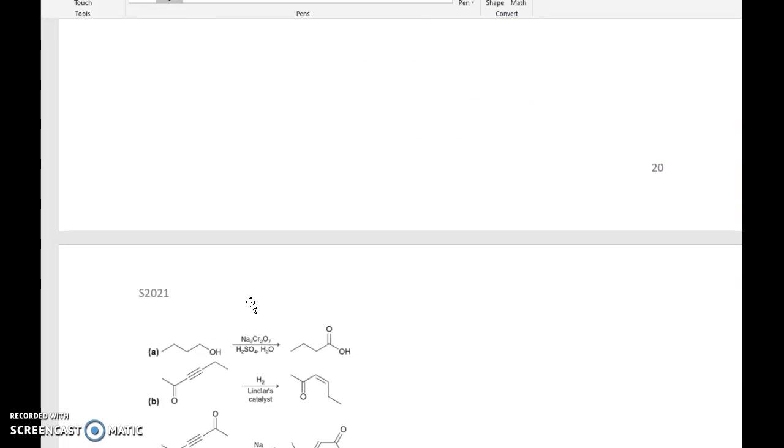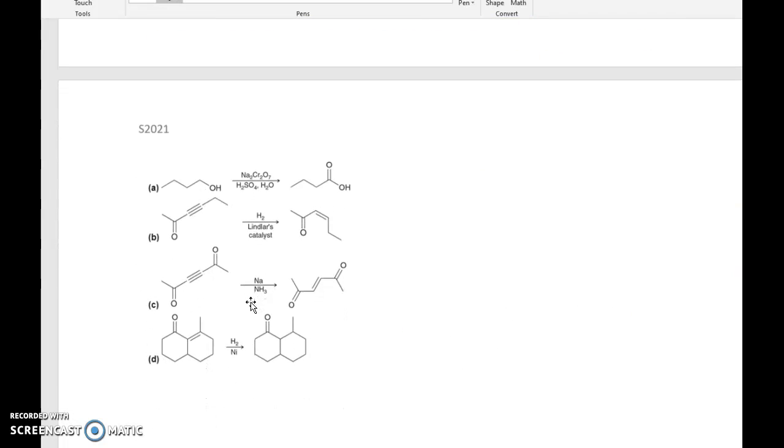So let's look at a few more. For this one, for A, we're going to see the disappearance of the alcohol peak. As the reaction progresses, the alcohol peak will disappear. Let me look up the numbers for that.